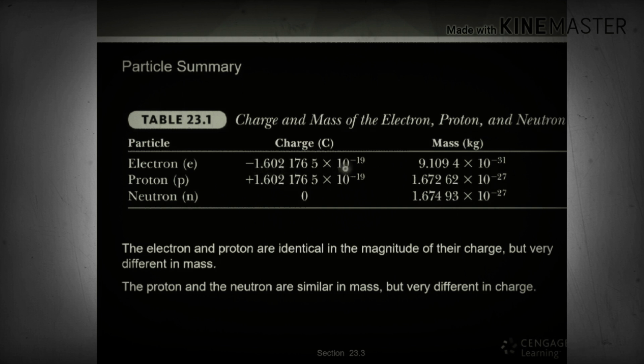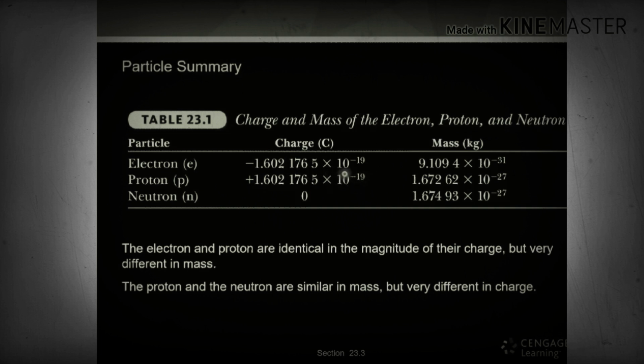So 1.602 times 10 to the negative 19th Coulomb is the charge for one electron. But the mass of the electron is really low: 9.109 times 10 to the negative 31 kilogram. For a proton, same amount of charge but positive. For the electron this number is negative; for the proton it is positive.